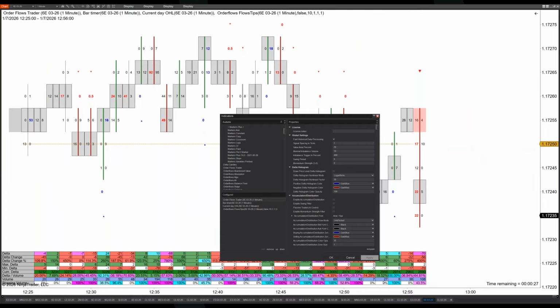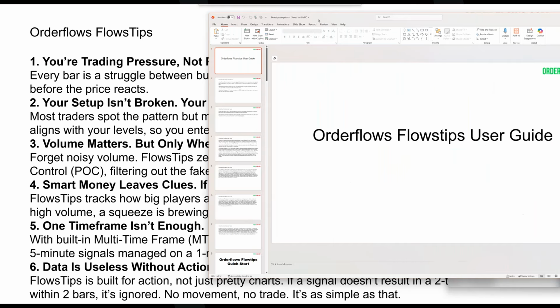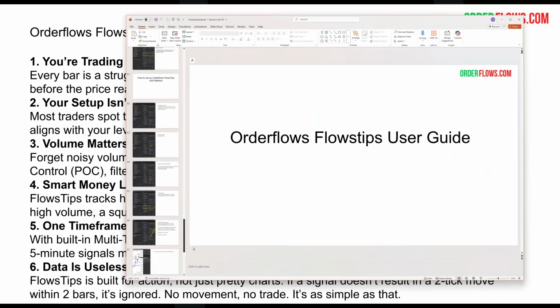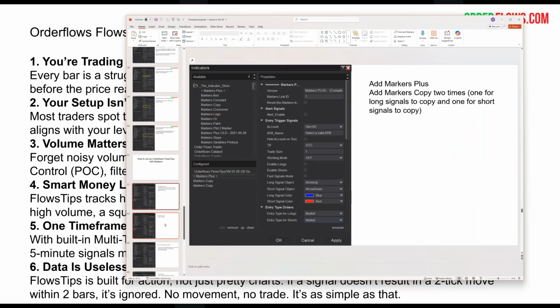It's explained in the user guide how to automate. I don't have it open, but let me pull it up. All right, the user guide explains here how to set it up in markers. Okay.